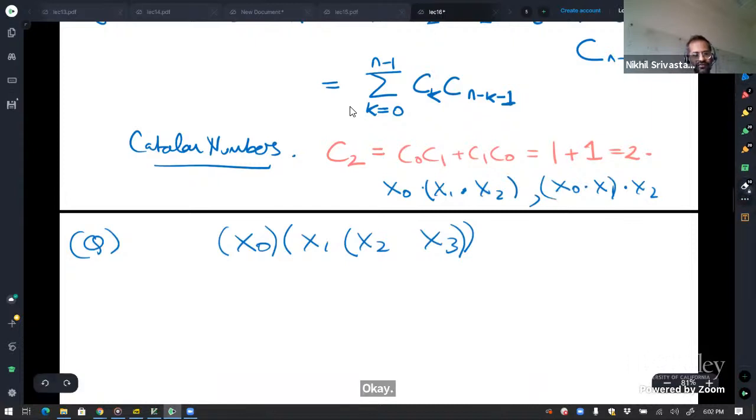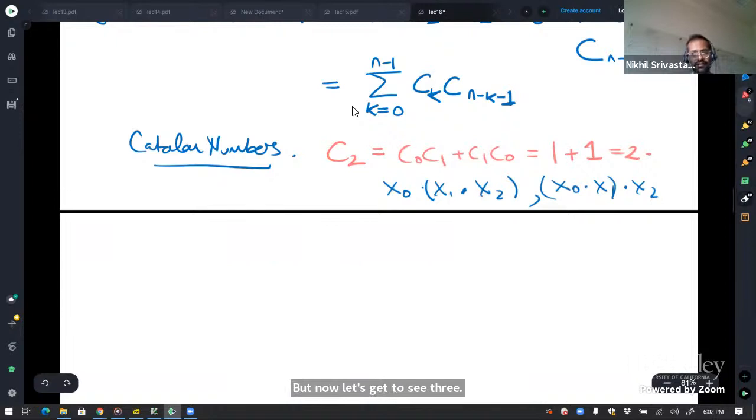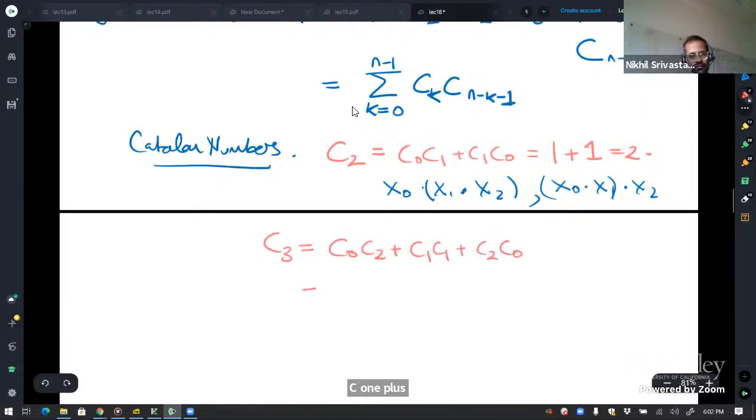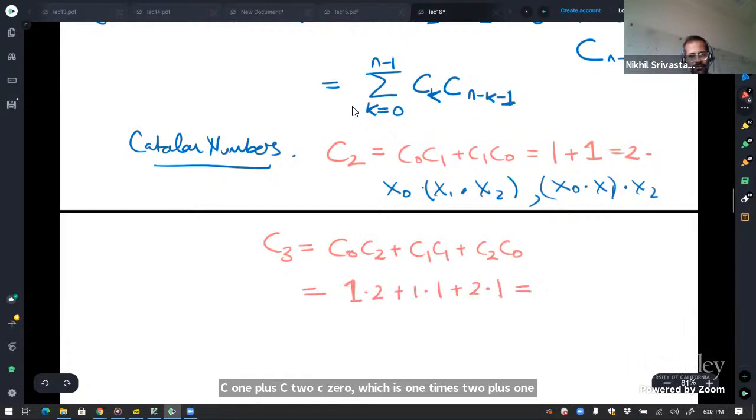But now let's get to C3. So C3 is going to be C0, C2 plus C1, C1 plus C2, C0, which is 1 times 2 plus 1 times 1 plus 2 times 1, which is 5.